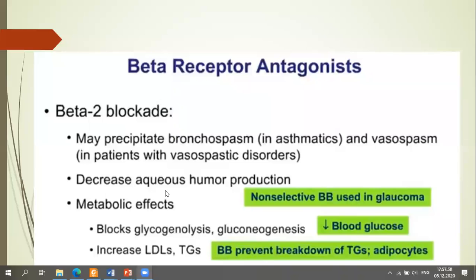And another way to treat this glaucoma disease is by making sure that this aqueous humor liquid flows out from the eye, okay?